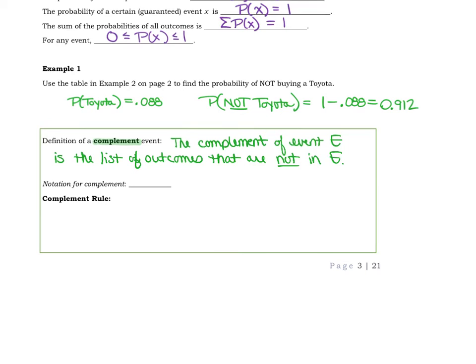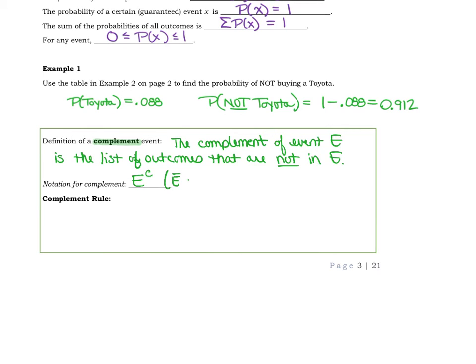Now, notation for complement. I'm going to write them in the order in which you will typically see them. The one you're going to see the most in this course is E with a superscript C, E complement. That's the one we're going to use the most. You will also see these two occasionally: an E with a bar across the top, which is not E bar like we have X bar, that's E complement.